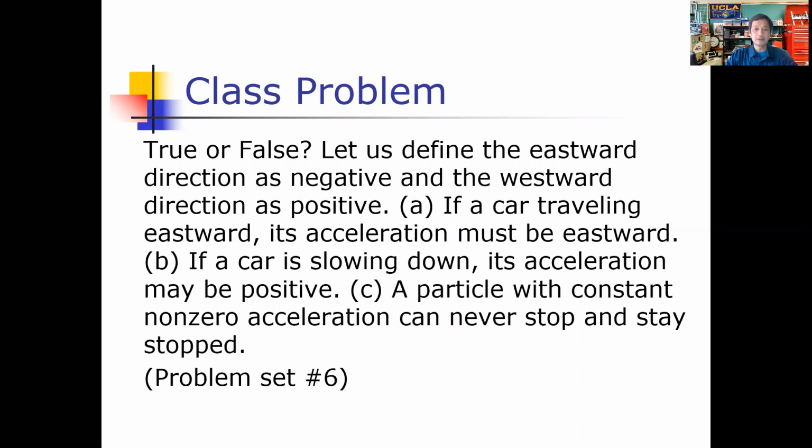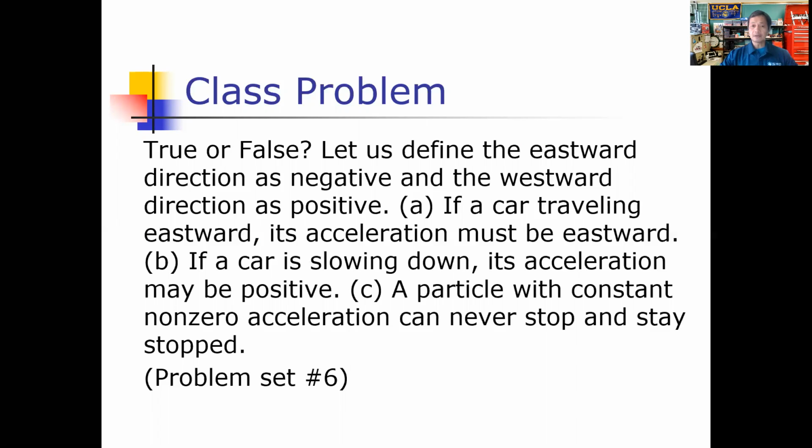On your paper, write down the answers for these 3, true or false. And I'd like you to give a really quick rationale, 1 or 2 sentences, explaining your answer. So tell me whether each statement is true or false, and then write down a sentence or two explaining your answer. Go ahead, take about 3 minutes to get that done.